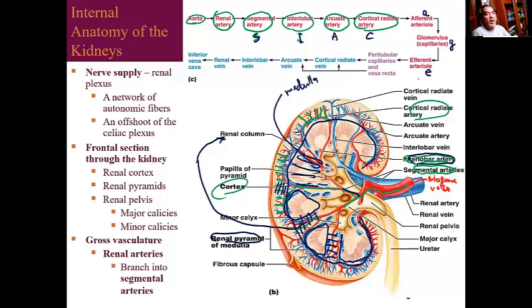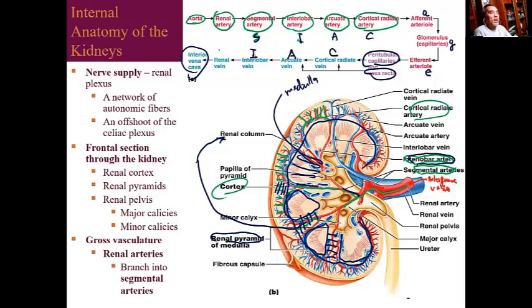Okay. Now, once it goes through the efferent arteriole, it's going to try to reach back to the vein, go back to the inferior vena cava. So the efferent arteriole connects with the peritubular capillaries or the vasa recta, and then they will go into the cortical radiate vein. And after the cortical radiate vein, they become the arcuate vein and interlobar vein.